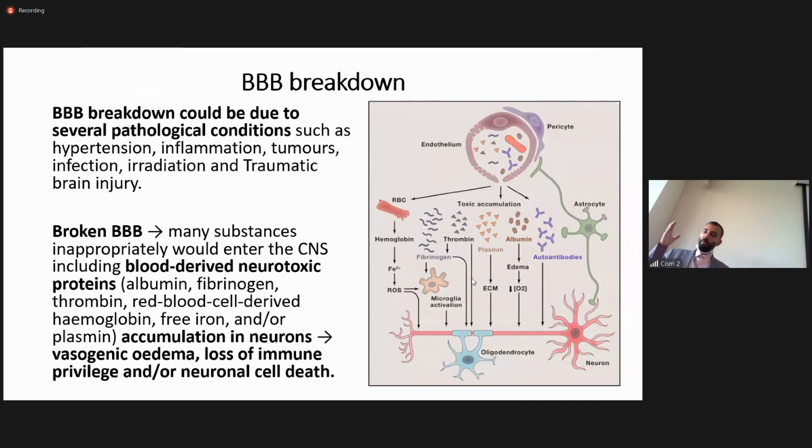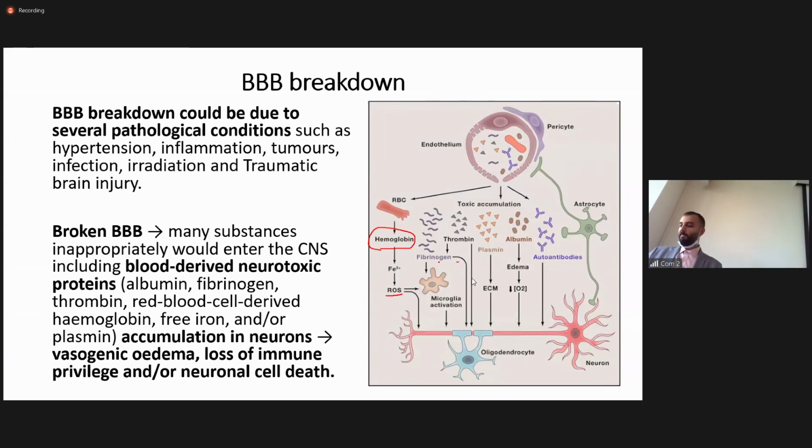Now, when the blood-brain barrier gets broken for any reason, any pathological condition, it would produce a devastating consequence. For example, this would lead to leakage of many of the plasma proteins. For example, hemoglobin, okay, which will produce oxidative reactive oxygen species, which will activate microglial cells.